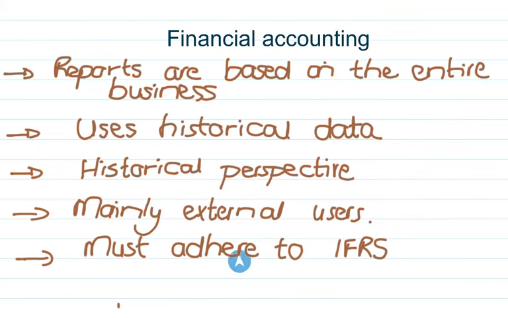You could not choose how to do that because you had to adhere to the international financial reporting standards. So wherever you are in the world, you will have an income statement and a balance sheet that looks similar so that people can understand.